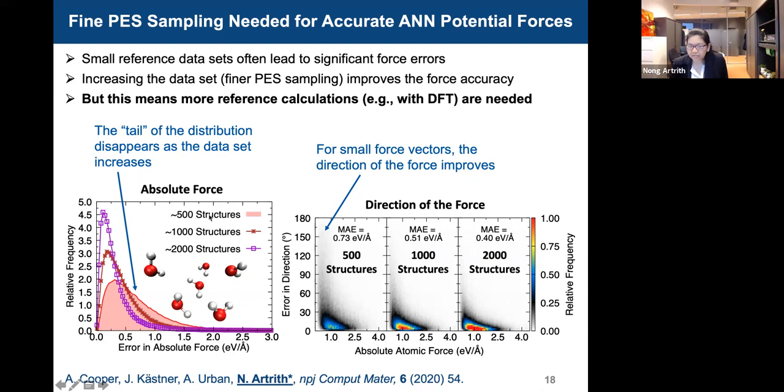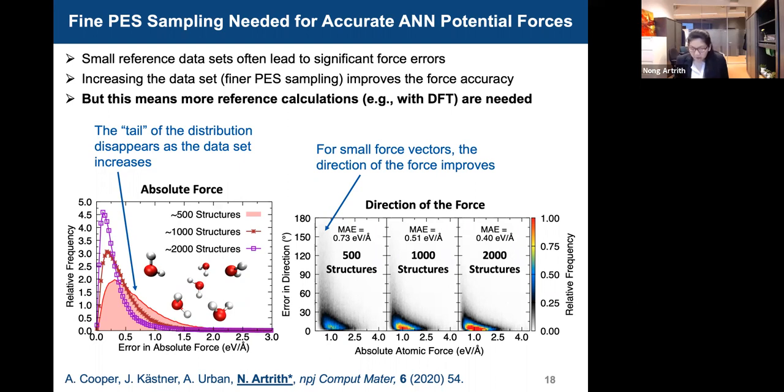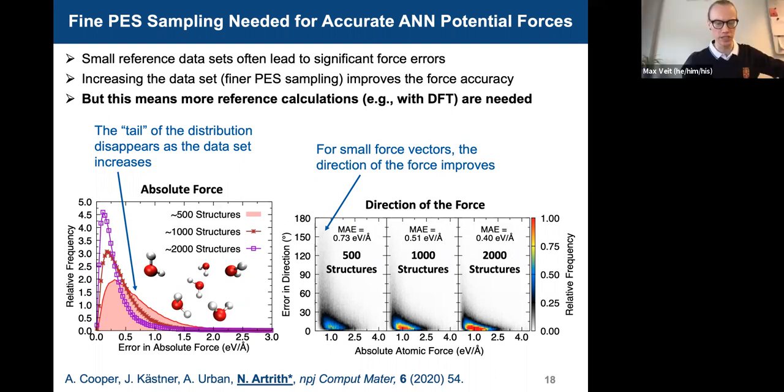And then we randomly selected only 500 DFT structures from her data set. I think the question is, this is the size of the training set, right?